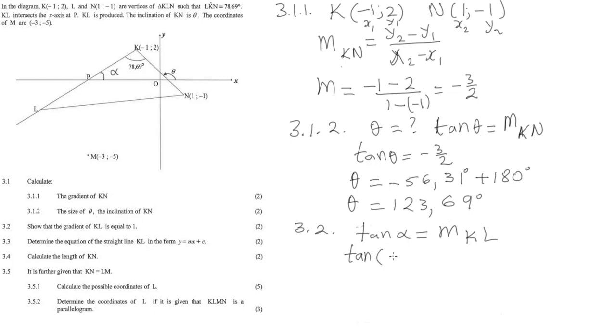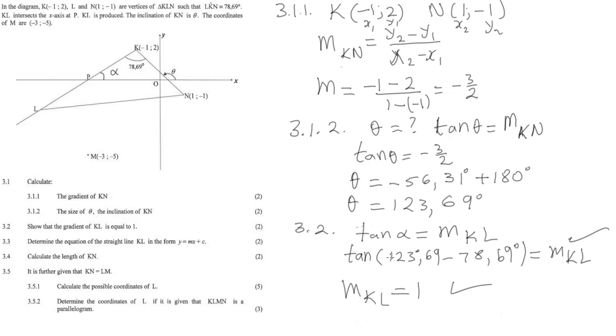This is a correct substitution: tangent alpha will be 123,69 minus 78,69 degrees. So when you use your calculator here, you find that it is 1. Substitution and a correct answer, 2 marks.